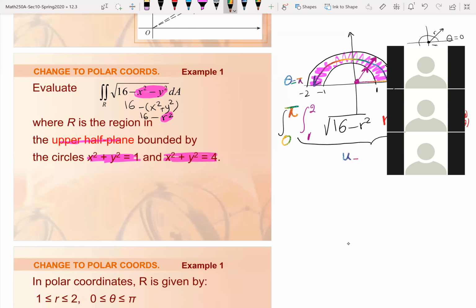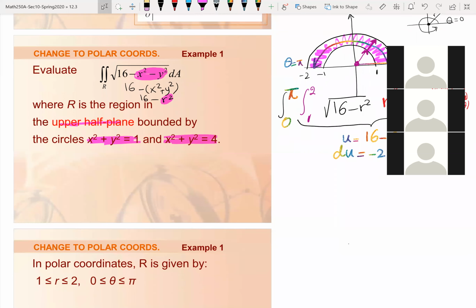So you call u to be what is under the radical, and this is 16 minus r square. Then the derivative is going to be minus 2r and then multiplied by dr. So the integration that I have, the square root of 16 minus r square times r dr, turns to be the square root of u and then du divided by negative 2, or just negative half is outside.